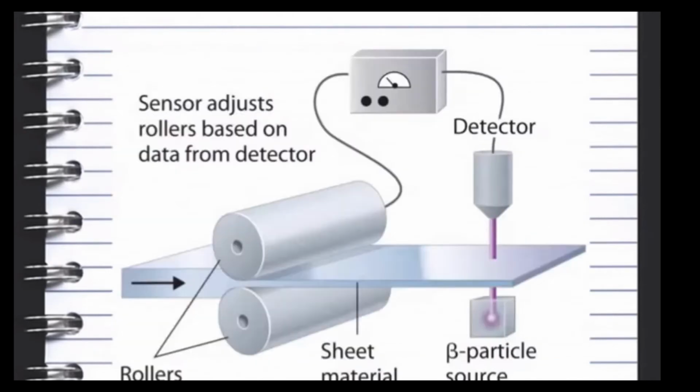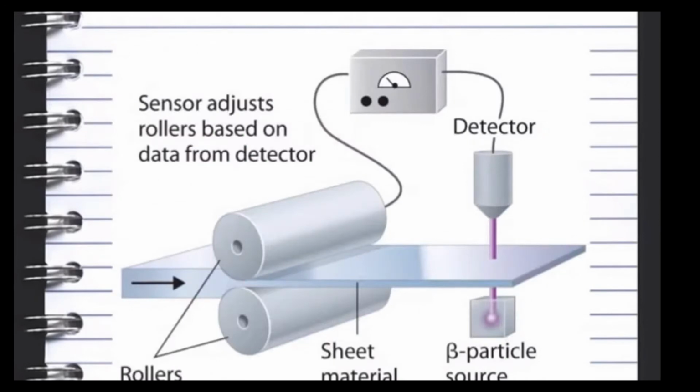The reason they use a beta source is that it is able to penetrate through the paper or aluminium, depending on what's being used, and able to be detected on the other side. Alpha particles would not get through and gamma would go through regardless of the thickness.